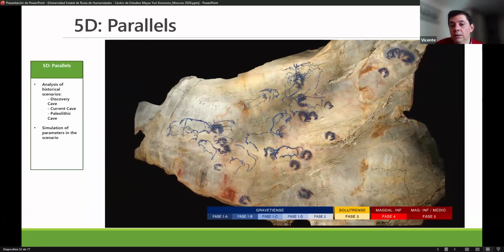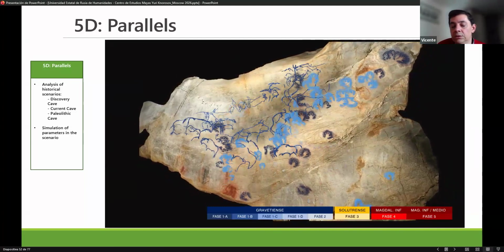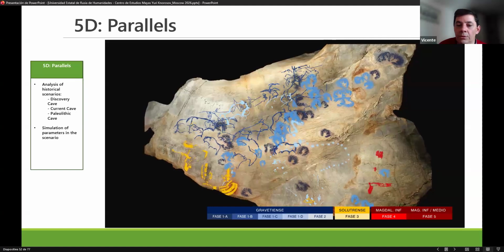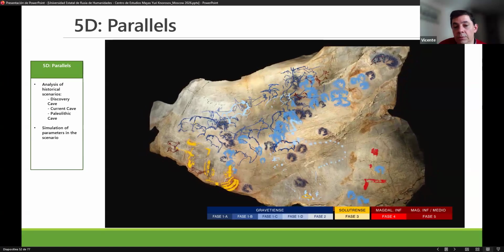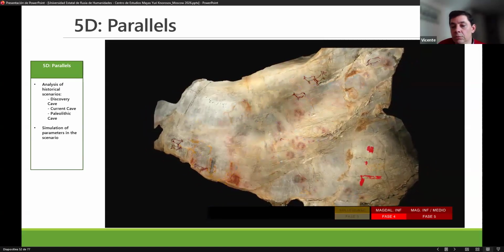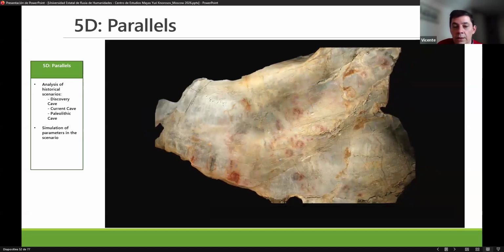And this is the superposition of all these stages in different colors, just to understand how this picture was made. So now you have all this information, but the only way to separate and to see what was made before and after is by doing this.